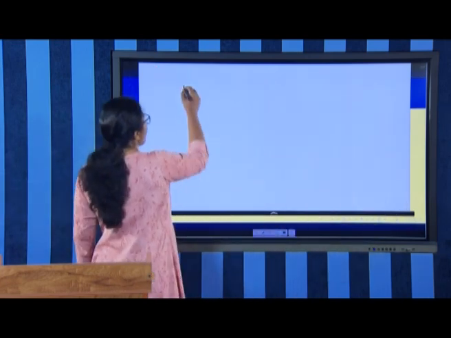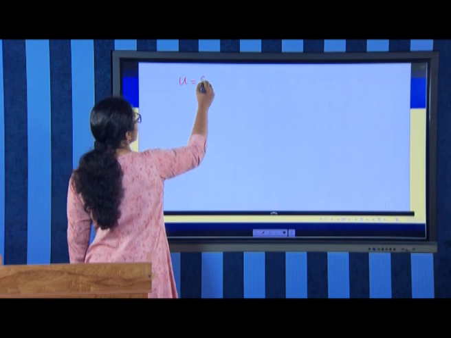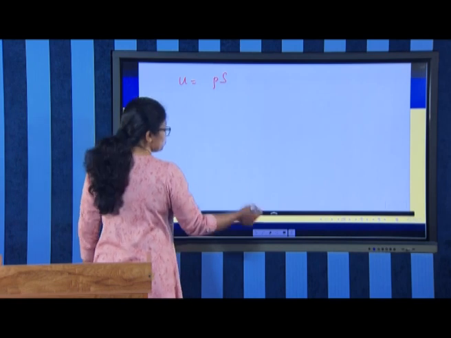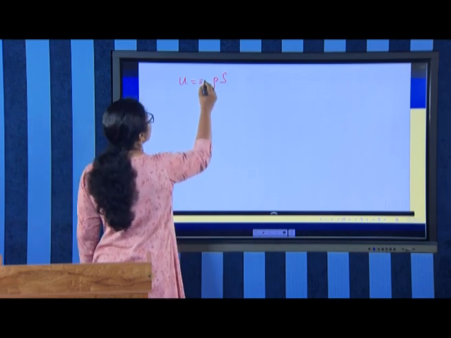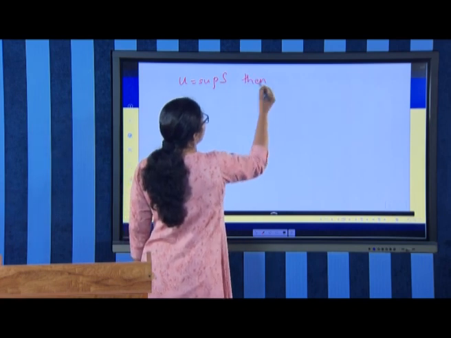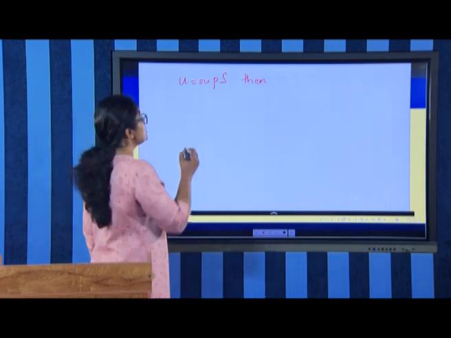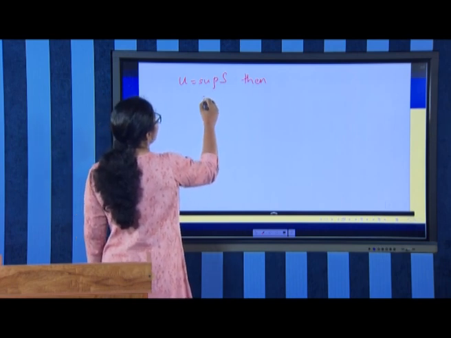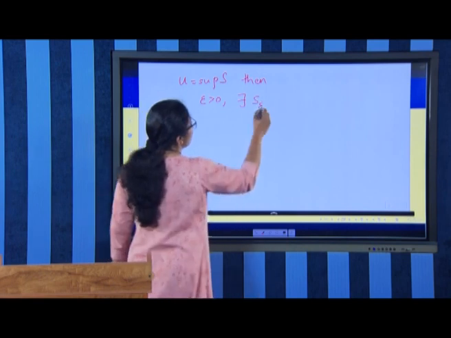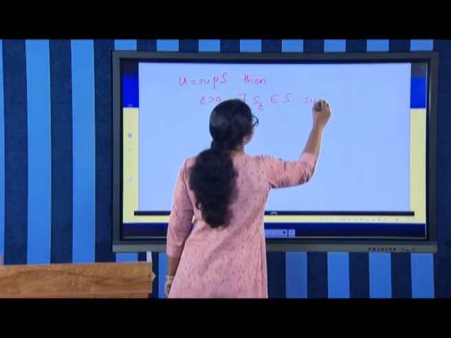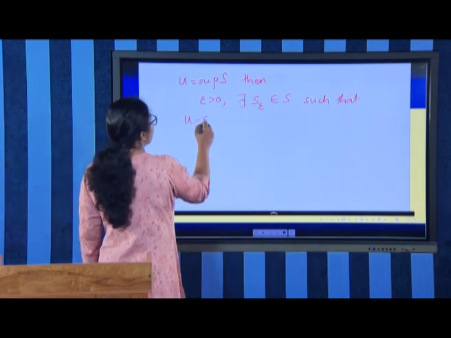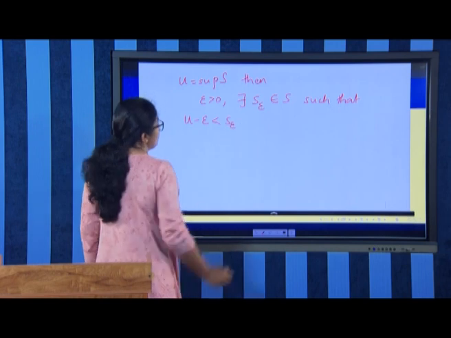Now, to prove the converse: if u is equal to the supremum of S, then what is required to prove is that given any epsilon greater than 0, there exists an S epsilon in S such that u minus epsilon is less than S epsilon.